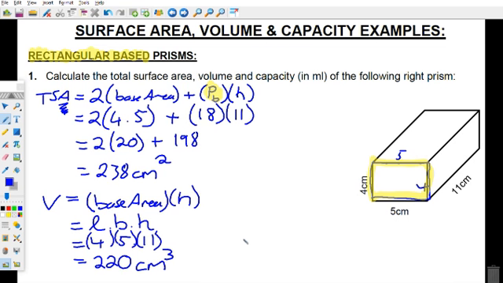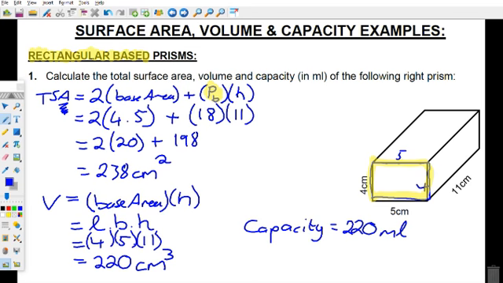So what's the capacity of this going to be? 220 milliliters. Capacity. Okay. You guys see it? Okay.